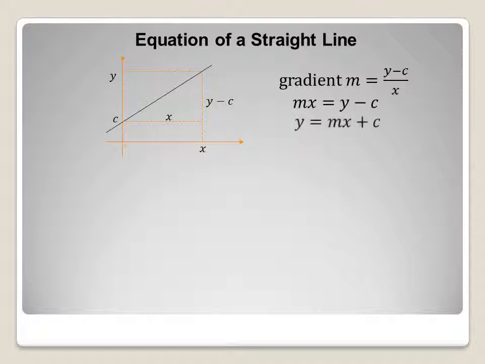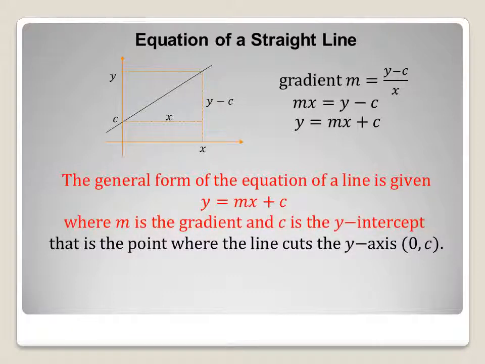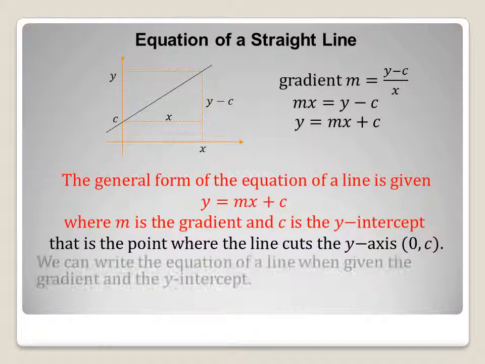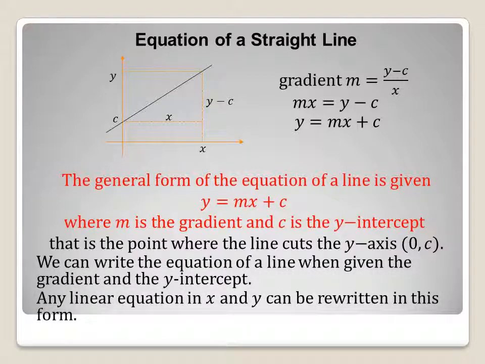Making y the subject of this equation, it becomes y equals mx plus c. This is the general form of the equation of a straight line, where m is the gradient and c is the y-intercept, that is, the point where the line cuts the y-axis. It has the coordinates (0, c). Let's call this general form of writing the equation of a line the gradient and y-intercept form. Any equation of a line can be rewritten in this form.